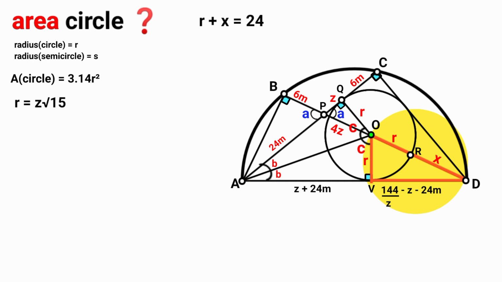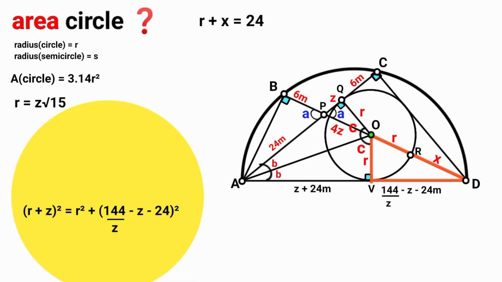Applying the Pythagorean theorem, since this is the hypotenuse, the square of the sum of this r and this x must be equal to the sum of the squares of this r, and that's 144 over z minus 24. So r plus x all squared equal to r squared plus 144 over z minus 24 all squared.